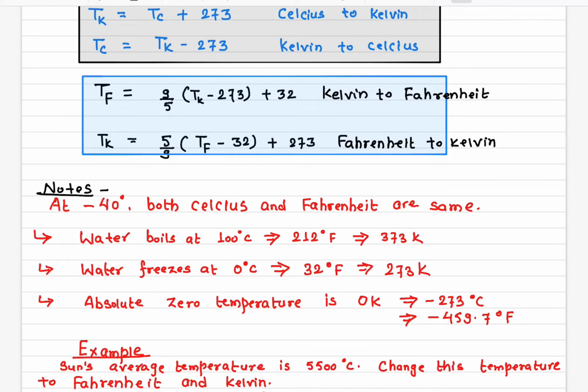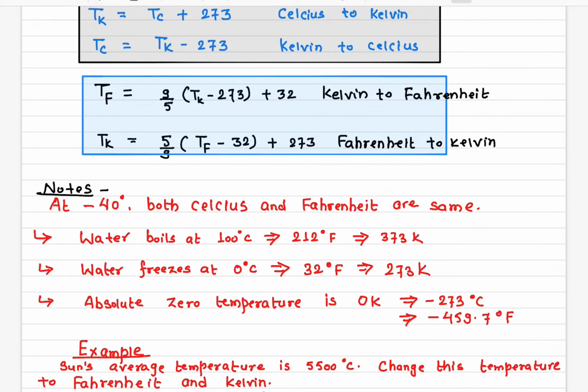Kelvin cannot be negative, so it is impossible for any material to be at negative Kelvin, or smaller than minus 273 degrees Celsius. That's the reason we call it absolute zero. Any temperature cannot be smaller than absolute zero, so it always has to be a positive Kelvin temperature.